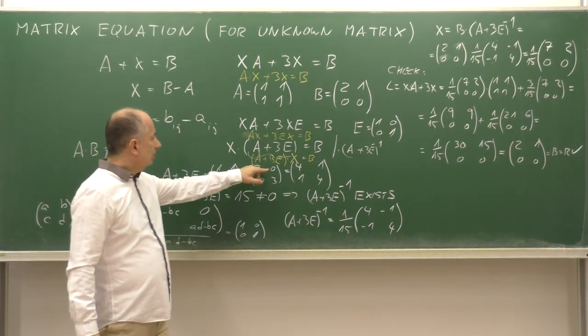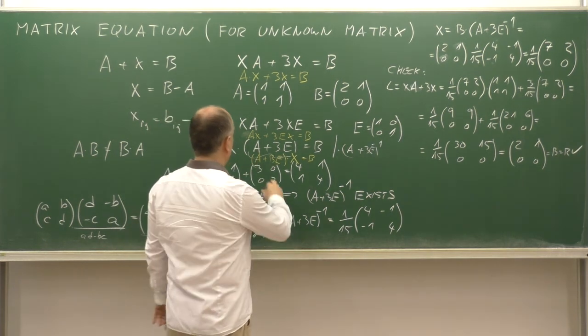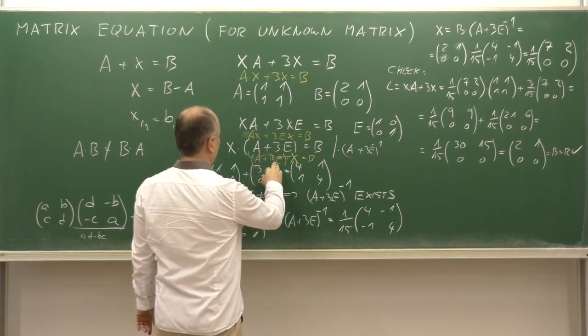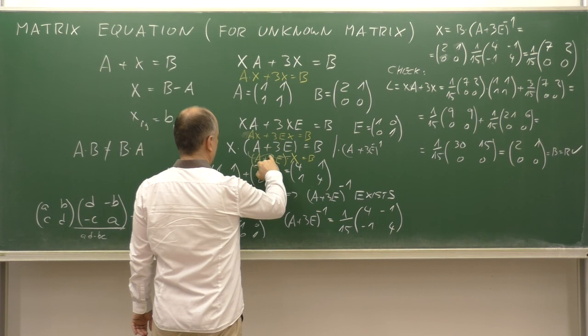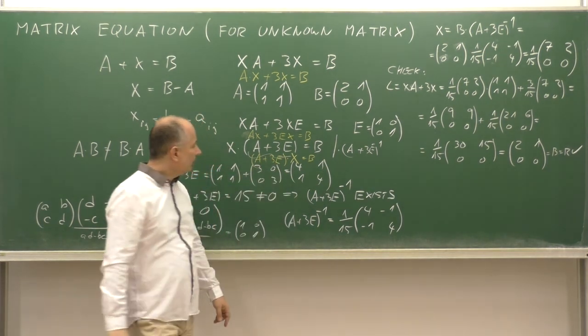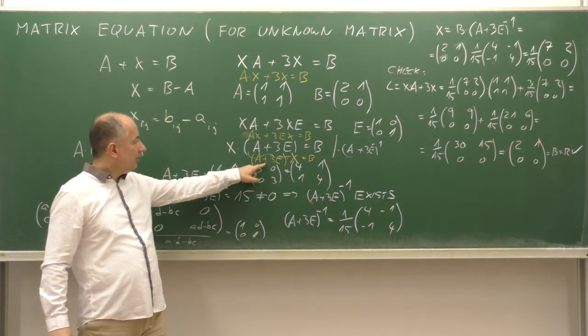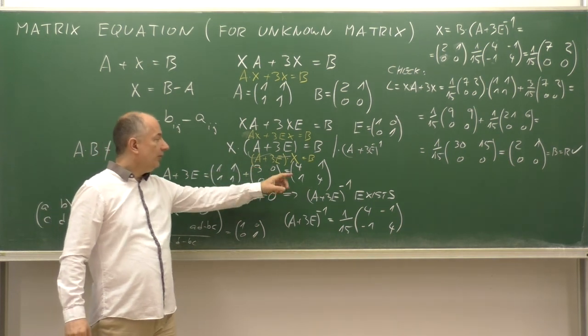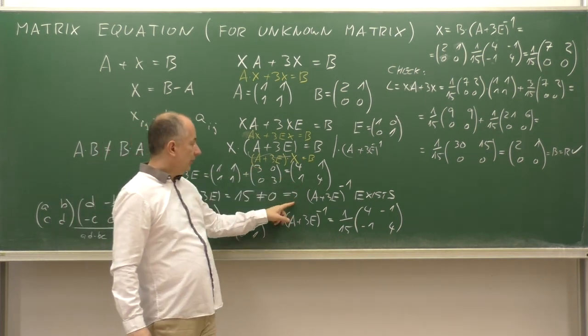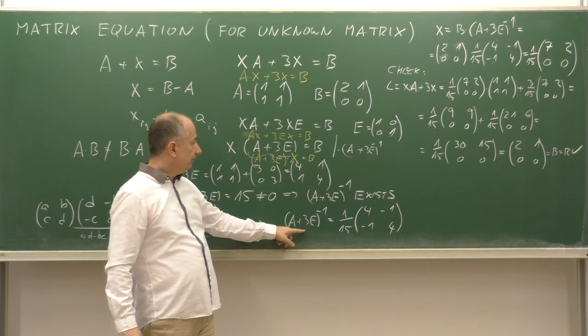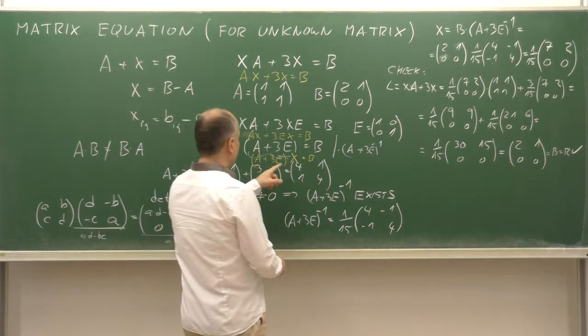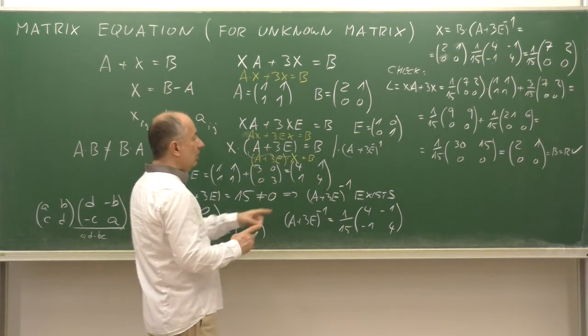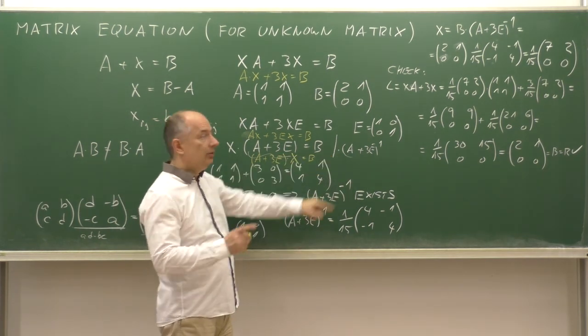And A plus 3E, not BE, 3E. And we have the same matrix as before, so we compute the determinant. First we compute the determinant, we find the inverse, and then we multiply by the inverse, but now not from the right, but rather from the left.